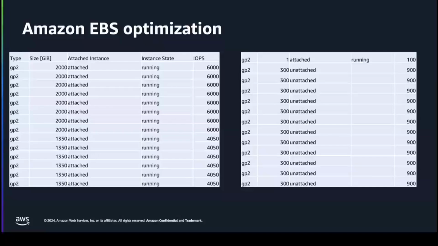The other aspect that we found with this customer that I want to point out is the fact that they had a lot of unattached volumes that they were paying for every month. And this was simply a result of deploying them using static provisioning, not having a good cleanup mechanism in place to delete those upon the unscheduling of the pod, which resulted in a bunch of stranded EBS volumes that the customer didn't know about, didn't realize they were paying for, and had data in them that nobody knew what it was.